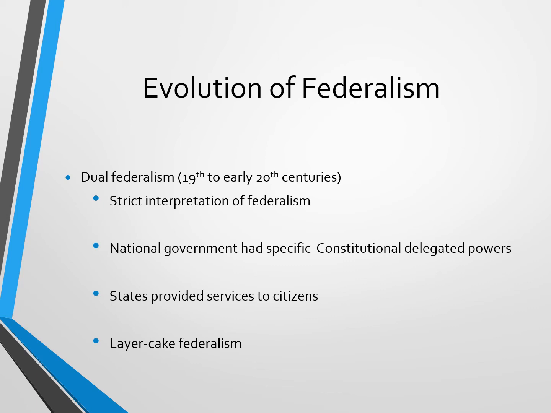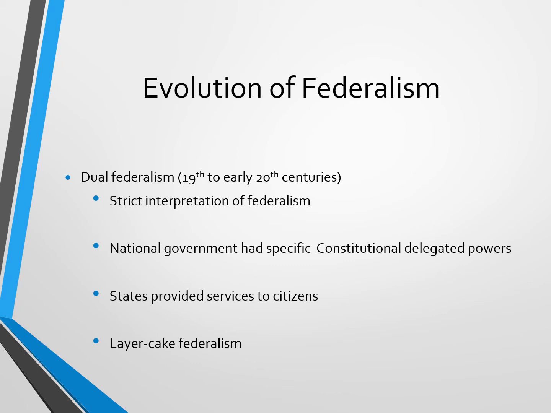We had been a very agrarian society, an agricultural economy, and at that time there was a strict interpretation of federalism. The national government had specific powers, which included the military for defense, trade, and monetary policy.